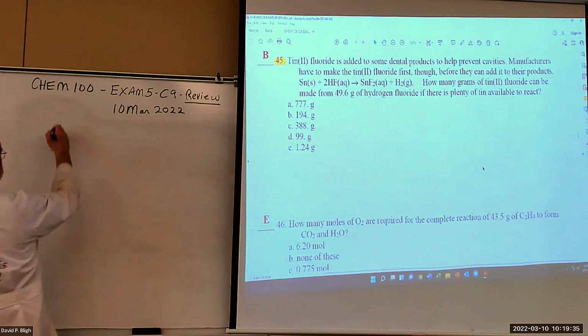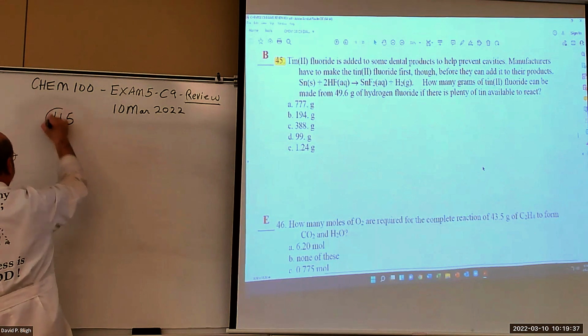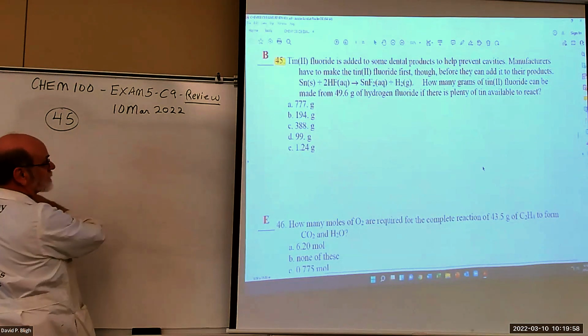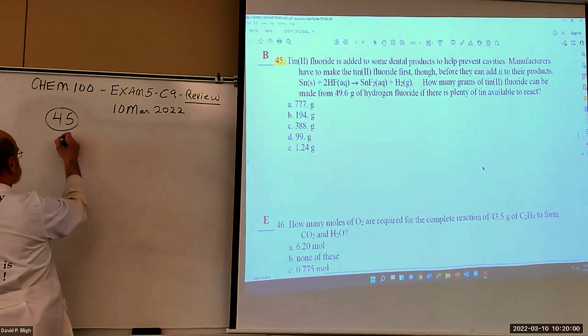45. Fluoride is added to some dental products. Can we do one of these in class? How many grams of tin(II) fluoride can be made from 49.6 grams of hydrogen fluoride, if there's plenty of tin? All right. So it looks like the equation's balanced.